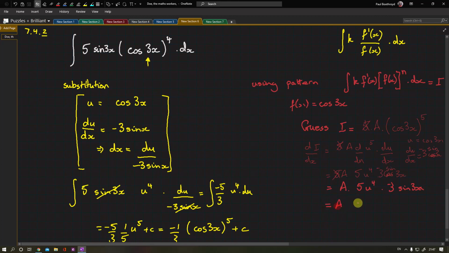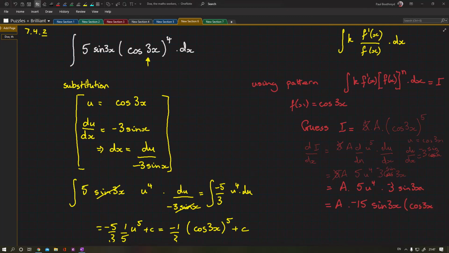We've got a times minus 15 is u to the 4 times sine 3x, and that part there is my cos 3x to the 4, the thing that was in the top of the differential.